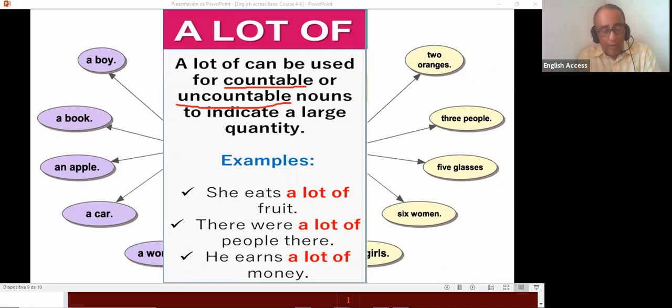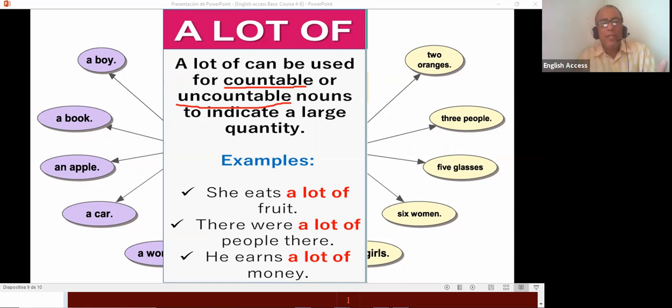Te voy a dar un ejemplo rápido. In Spanish and in English, we cannot count sugar. En español y en inglés no podemos contar el azúcar. We don't say one sugar, two sugars, or three sugars. No decimos eso. We need to add a measure.